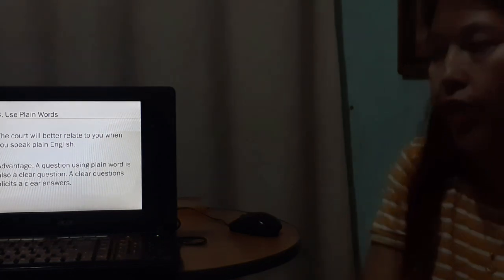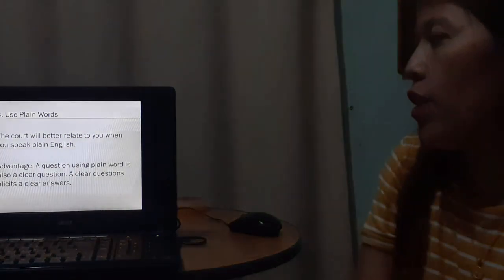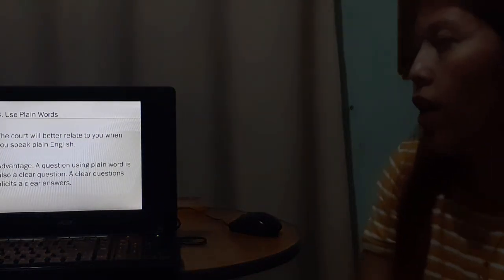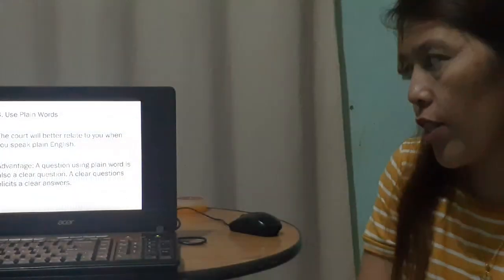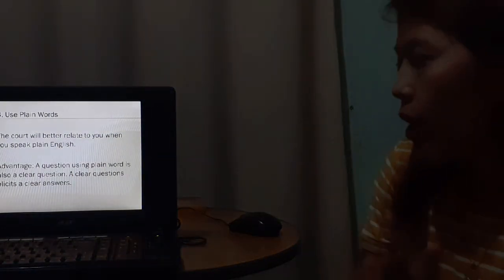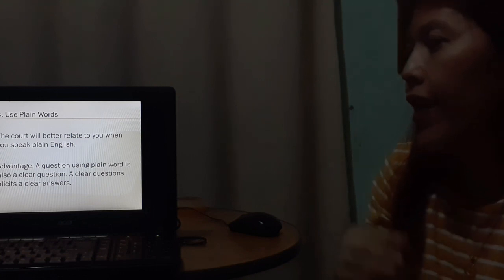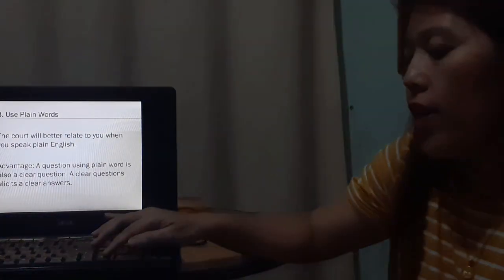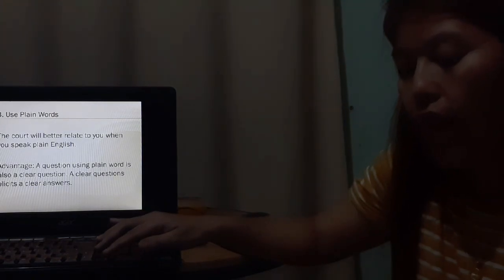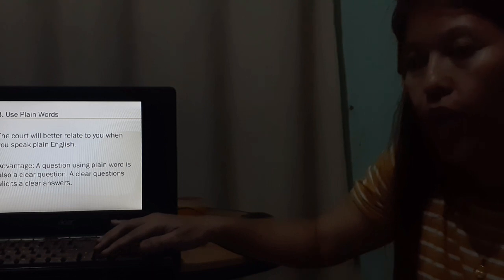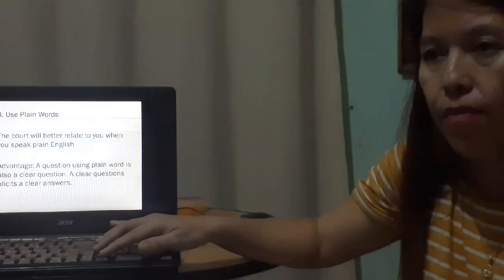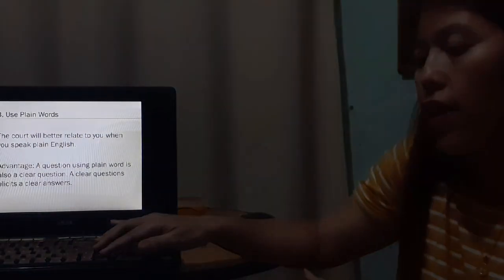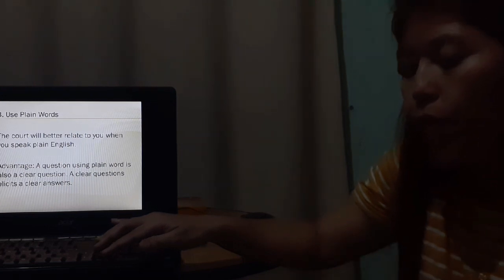There's actually an advantage for that. A question using plain words is also a very clear question. And when a question is clear, it elicits a clear answer. And you are not giving the witness a chance to tell you that he does not understand the question because the question is very clear and you use plain words.